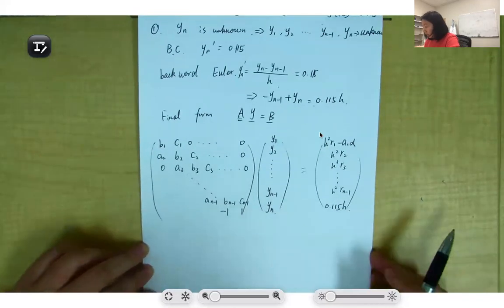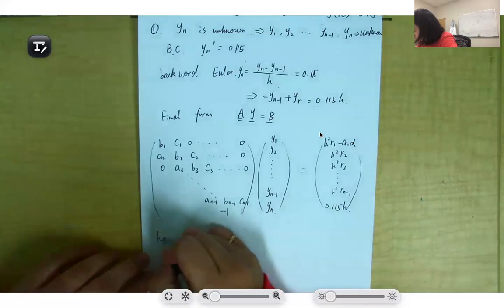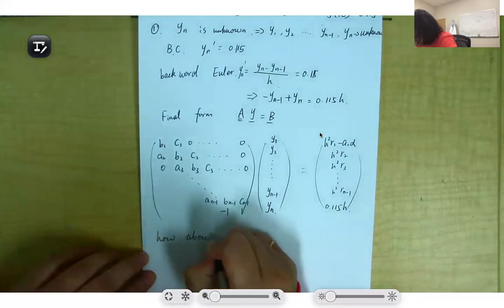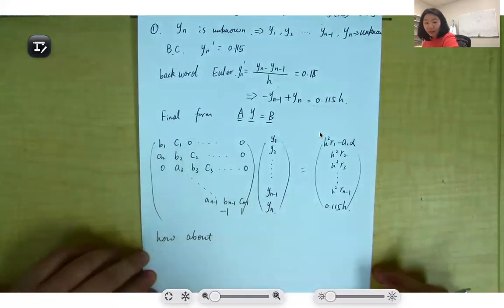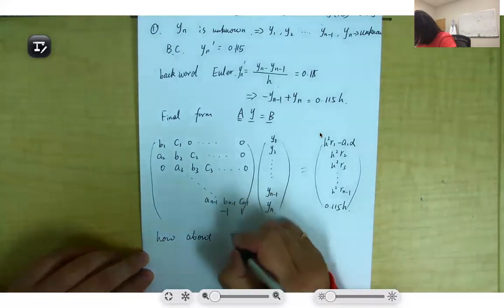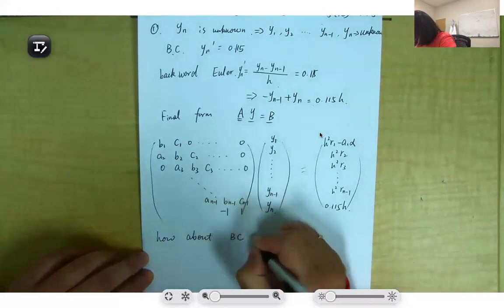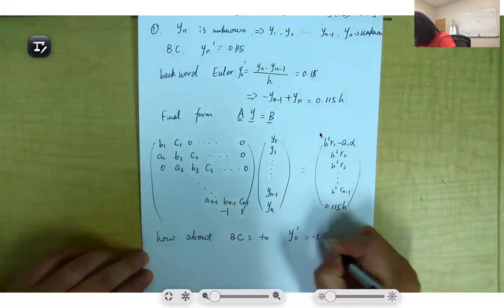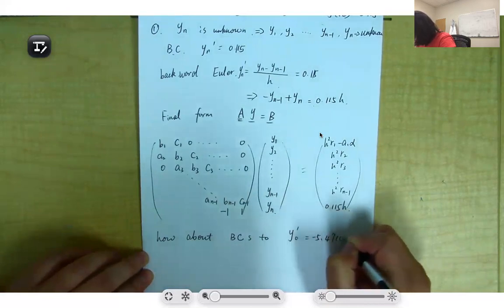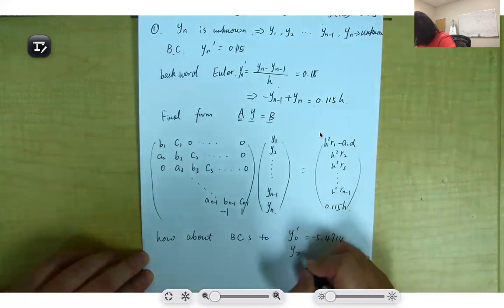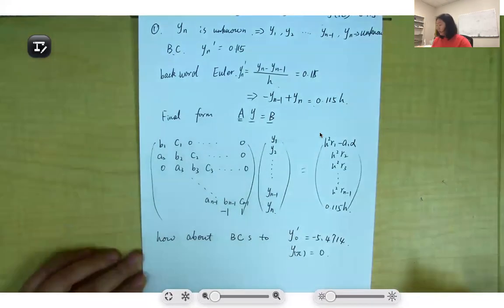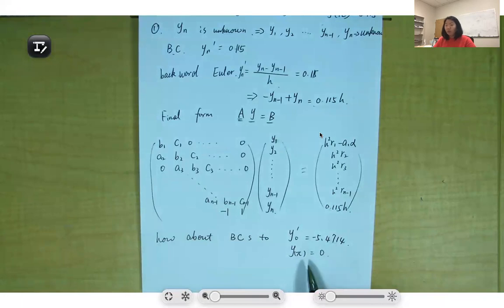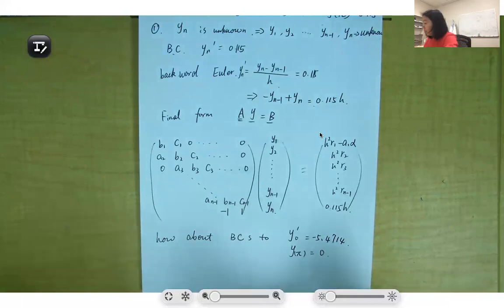Then as a practice, how about you change the boundary conditions to y0 prime equals negative 5.4714, y pi equals 0. That means your left boundary has been changed, but the right boundary will be kept as before, right?